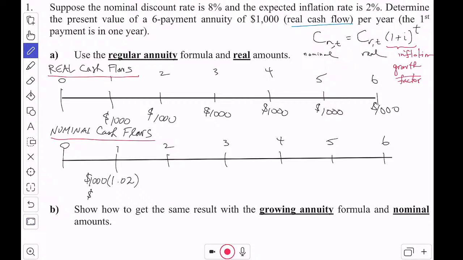So real cash flows of 1,000, the annuity would pay me 1,020 at the end of year 1. At the end of year 2, 2 periods of inflation have passed. So this looks or feels familiar because these are growing annuities.